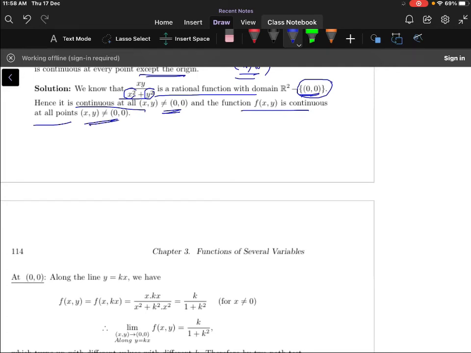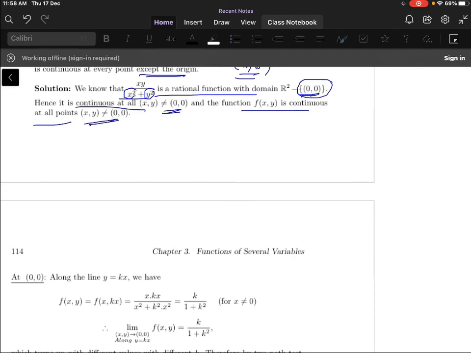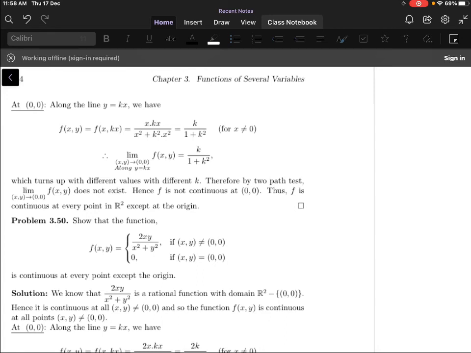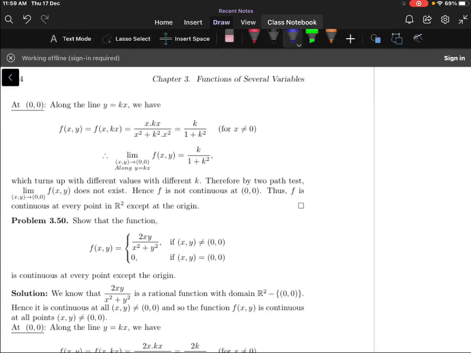Let us show that the function is not continuous at the point 0 comma 0 by taking different paths. Now at the point 0 comma 0, along the path y is equal to kx, f of x comma y is equal to f of x comma kx. So x into kx in the numerator, and x square plus k square x square in the denominator.